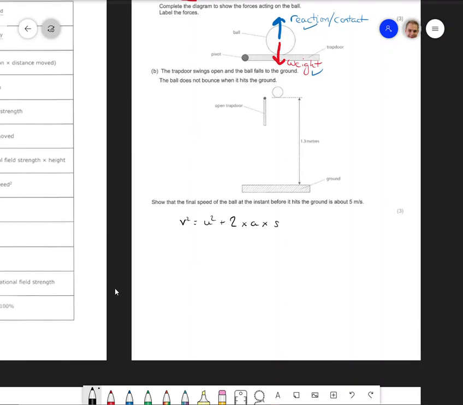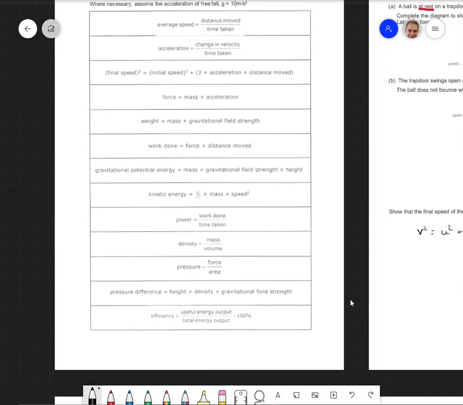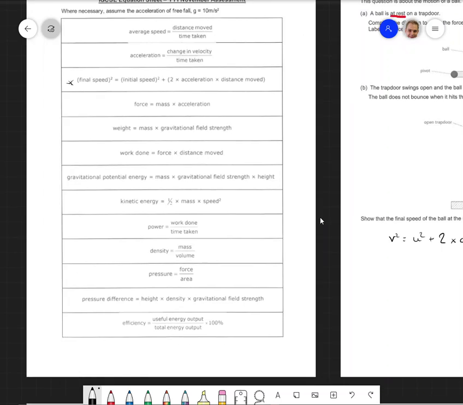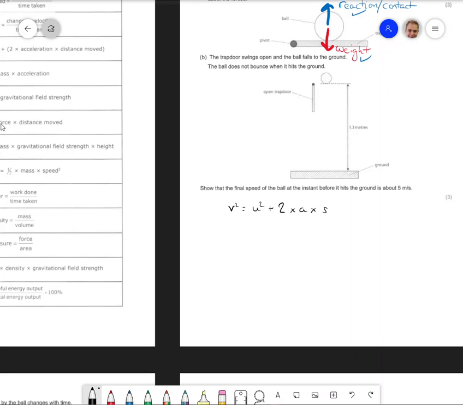Final speed squared equals initial speed squared plus 2 times acceleration times distance moved. Because it's at rest, u is 0, and we've got 2 times acceleration due to gravity, which is 10, times the distance, which is 1.3.